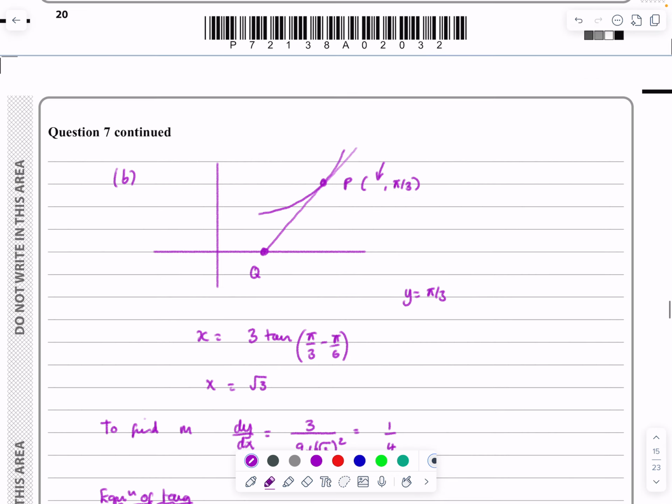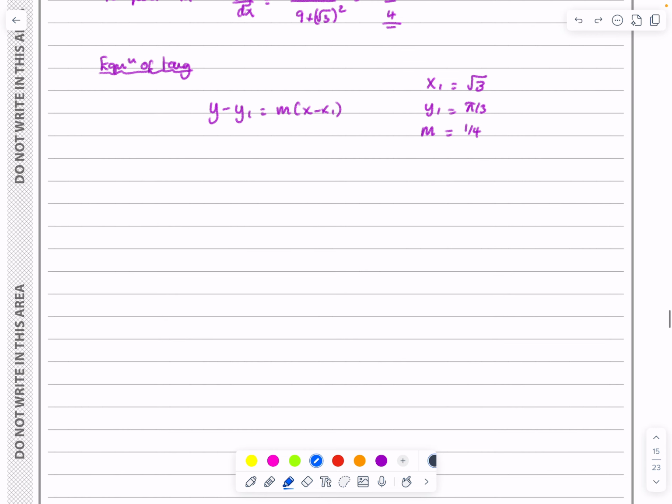So what I'm doing is getting the equation of this line here, and once I've got the equation of this line, if I put y equals 0 in, that will give me the value for Q. So that's my aim: to get the equation and then from that be able to work it out. So just simply subbing in, y minus pi over 3 is equal to a quarter (x minus root 3).